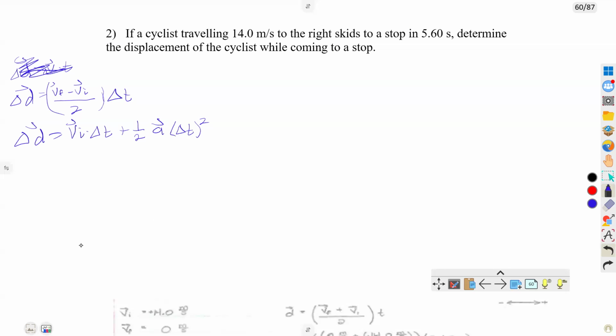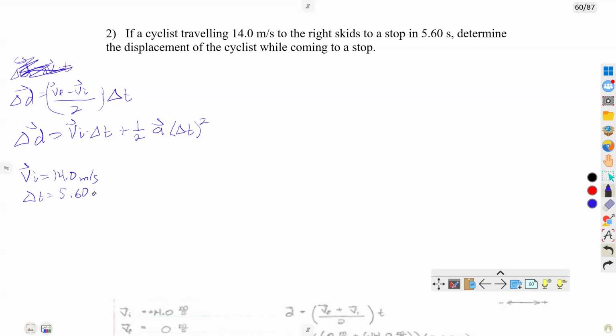Okay, so which of these are we going to use? We have an initial velocity of 14.0 meters per second. It skids to a stop in 5.6 seconds, so that's our change in time.